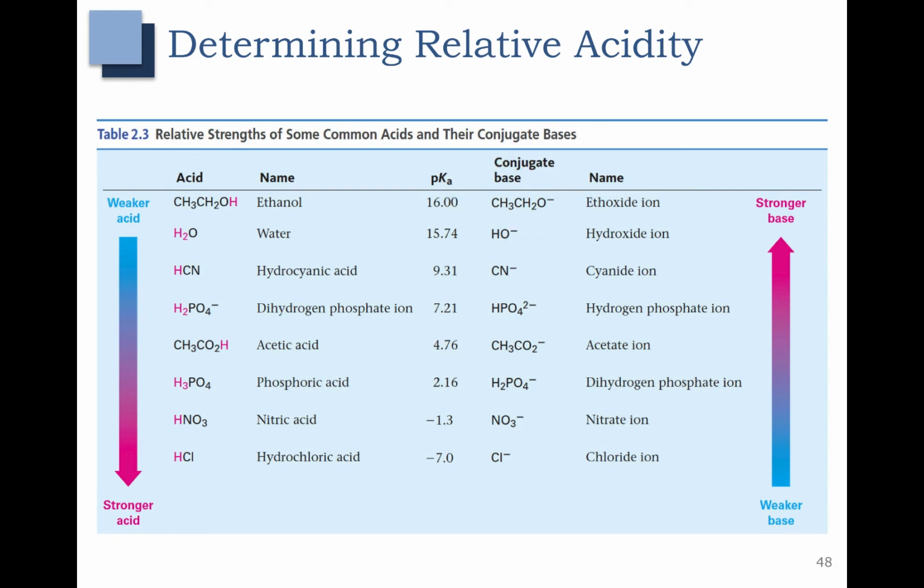So you can always see these trends. The take-home message here, and the most important thing, is to know that if you have a strong acid, it's associated with a weak conjugate base, and a weak acid is associated with a stronger conjugate base.